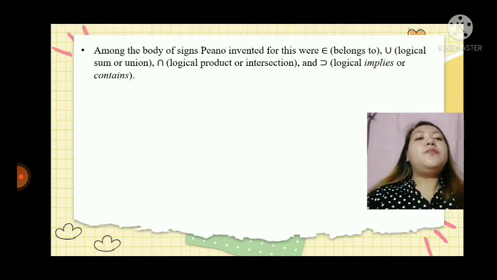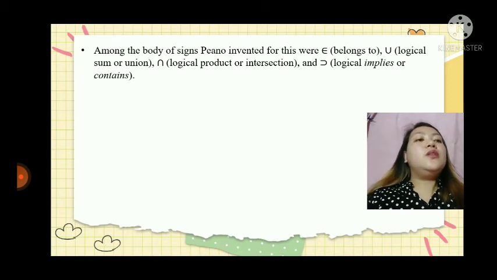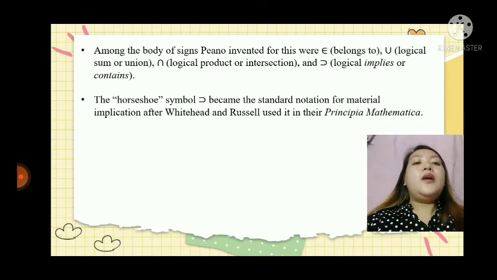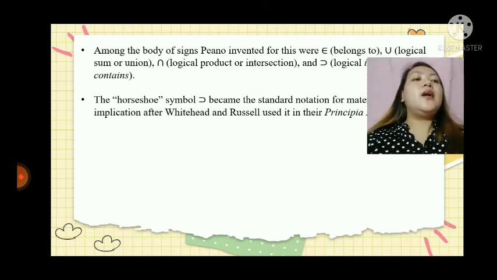Among the body of signs Peano invented for these were: element belongs to, logical sum or union, logical product or intersection, and the logical implies or contains. The horseshoe symbol became the standard notation for material implication after Whitehead and Russell used it in their Principia Mathematica.